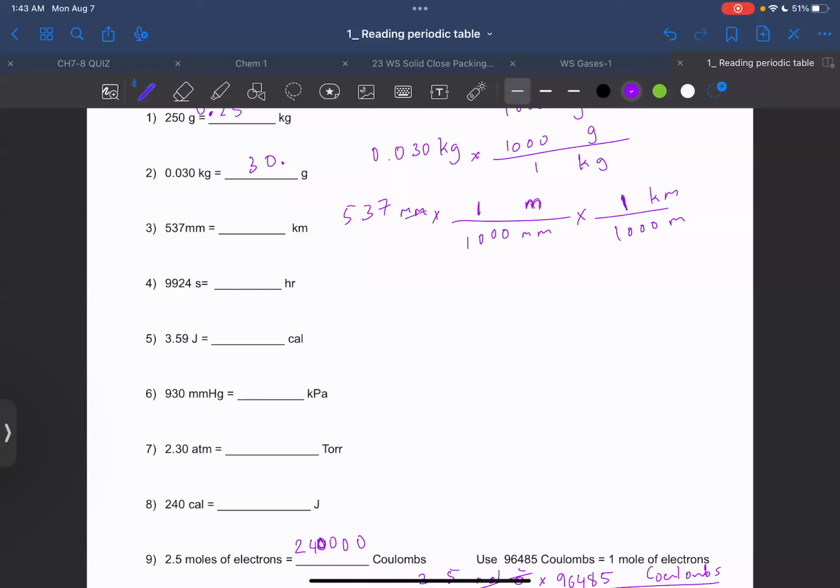Okay, so you can see the units cancel off, right? And then we get kilometer. In this case, you're dividing and then dividing again. If you want to write the usual one, it will be 0.000537, right? Let me just double check that I'm typing it correctly. I didn't type it correctly, so that's good.